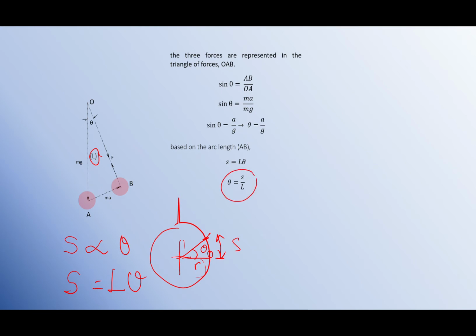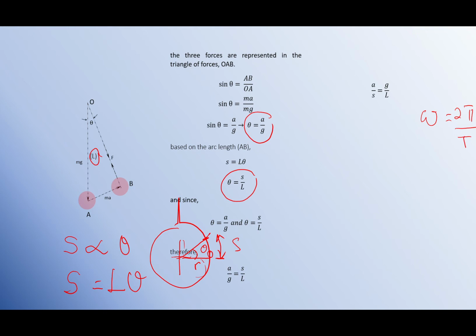So based on both of these equations, when you equate them, you will have A over G is equal to S over L. Or when you rearrange it, you have A over S equals G over L. Initially, we know that the circular frequency omega is equal to 2 pi over T, correct?